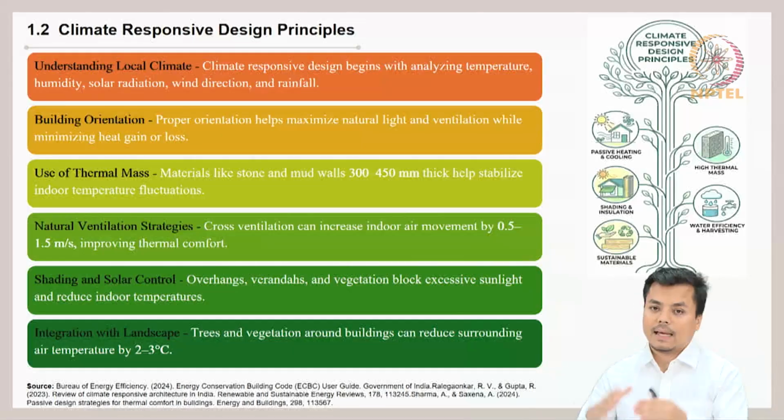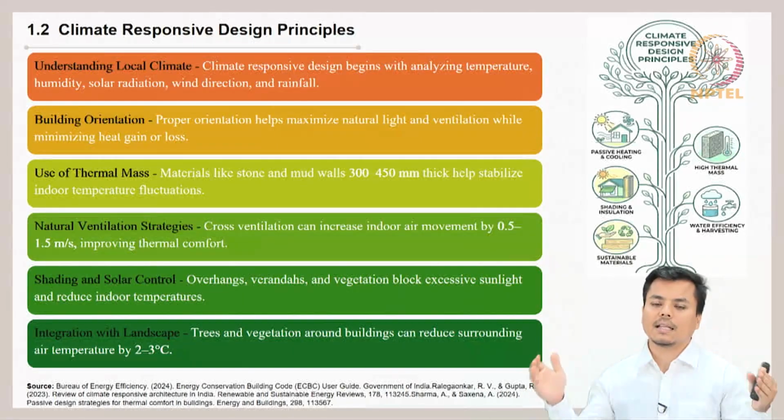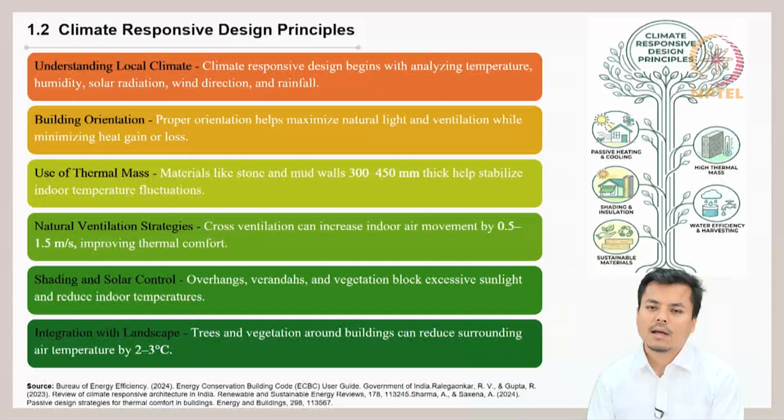If the air is stagnant and there is no movement in a hot and humid or warm and humid climatic region, one would start feeling discomfort. To minimize that, it is suggested that you promote more cross ventilation, and that can only be provided if you have windows in the opposite walls.